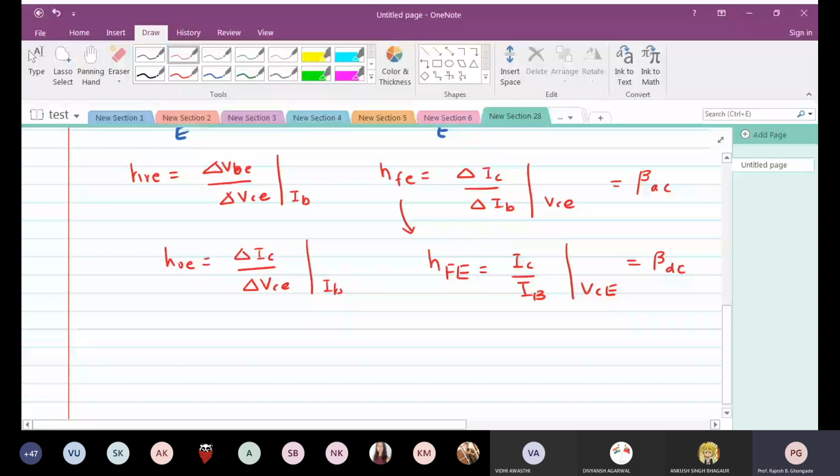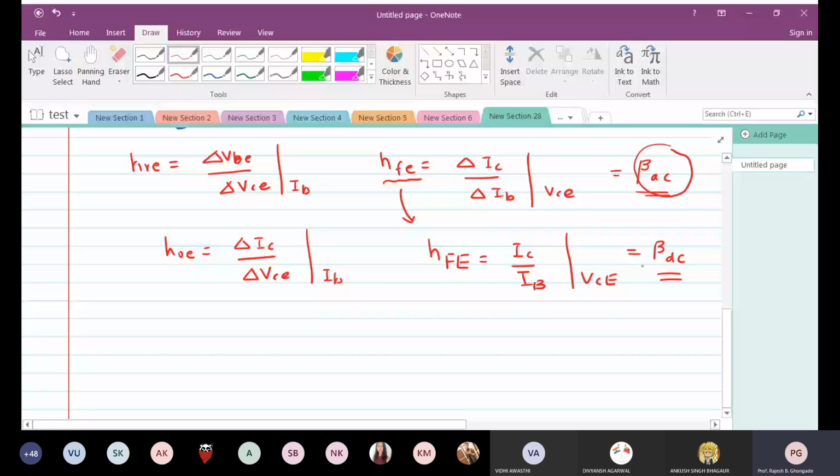This beta DC is what we have used in the stability and all those designs, because we were dealing with the DC levels there. But when we come to amplification, we are supposed to use this beta AC. In simple plain words, we will use only this HFE, which is nothing but beta AC. Are you getting this?